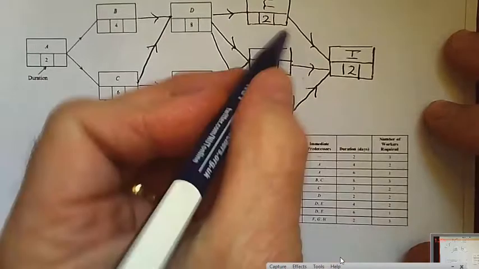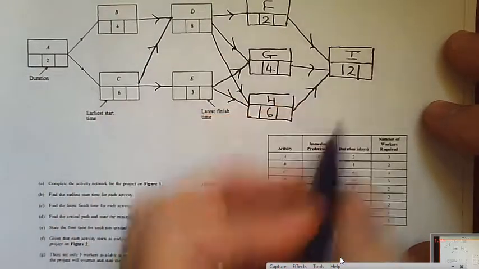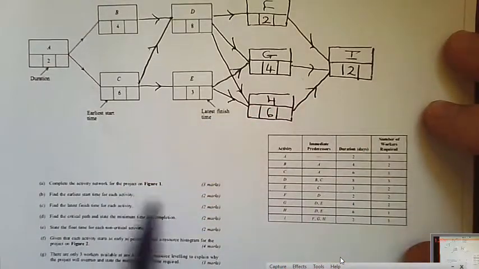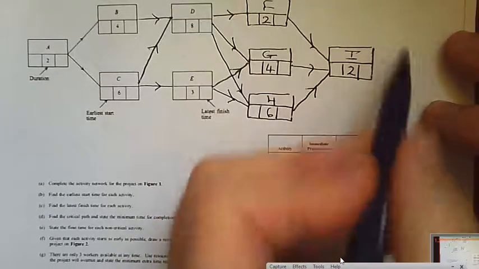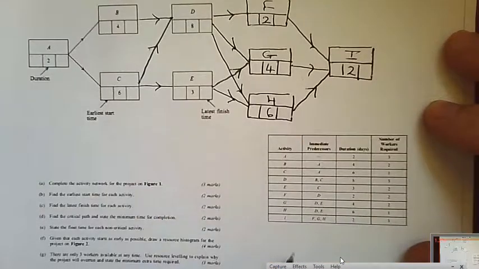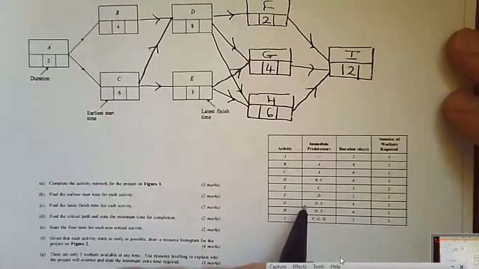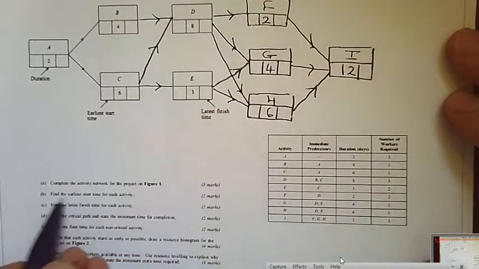Now, as F, G and H all go to I, this is where the whole of the activity will finish. So we don't require any more activities written on here. Okay, so that's the first 3 marks in the bag.